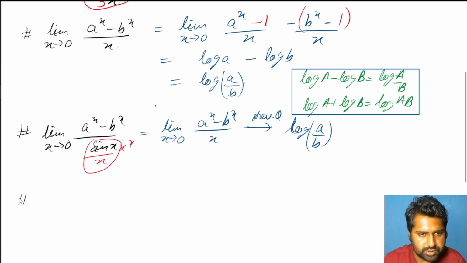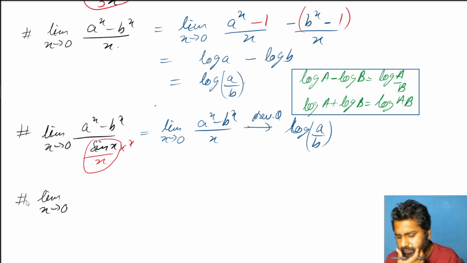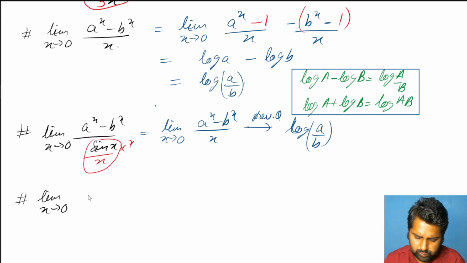Let's see another question. Limit x tends to 0, 2 raised to power 3x minus 3 raised to power x upon sin 3x.